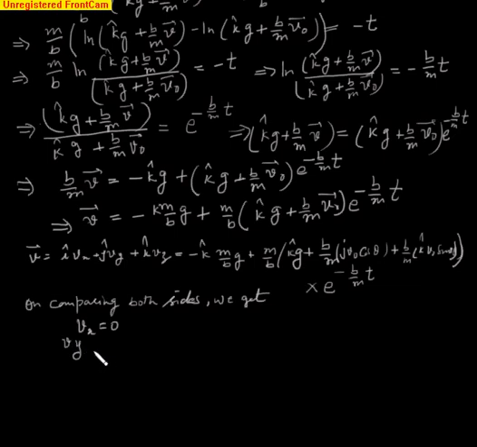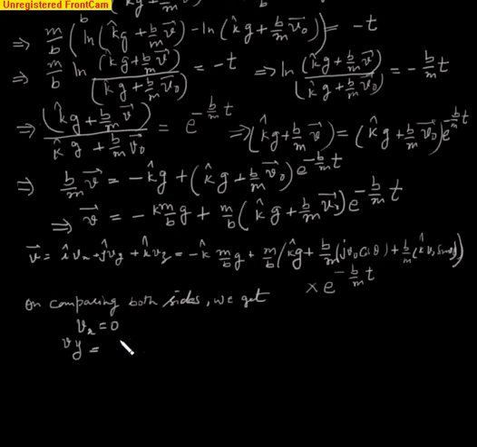So we will write Vy is equal to, here this is along the z-axis, but this is along the j-axis, that is the y-axis. We will write only this term, but this term is multiplied with m over b here and b over m here, and it is also multiplied by this term.